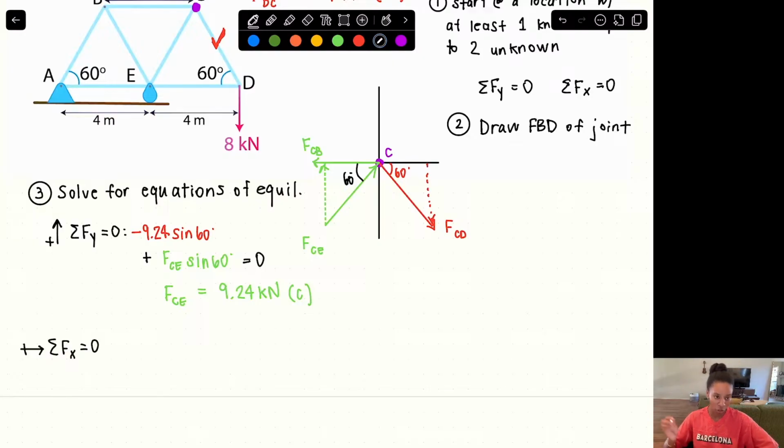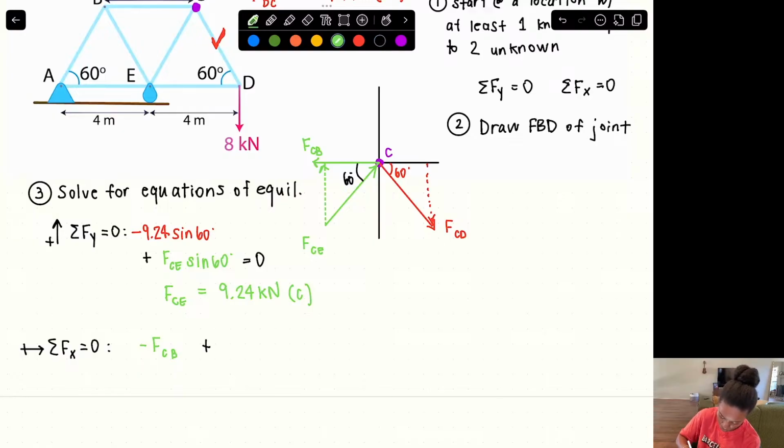You can always change the direction system as you go through, but I'm just sticking to the traditional up is positive, right is positive. So sum the forces in the x direction, we're going to have negative force in member CB.